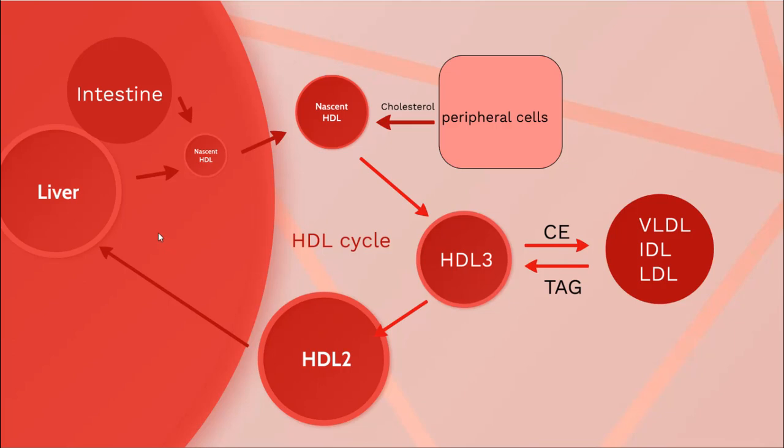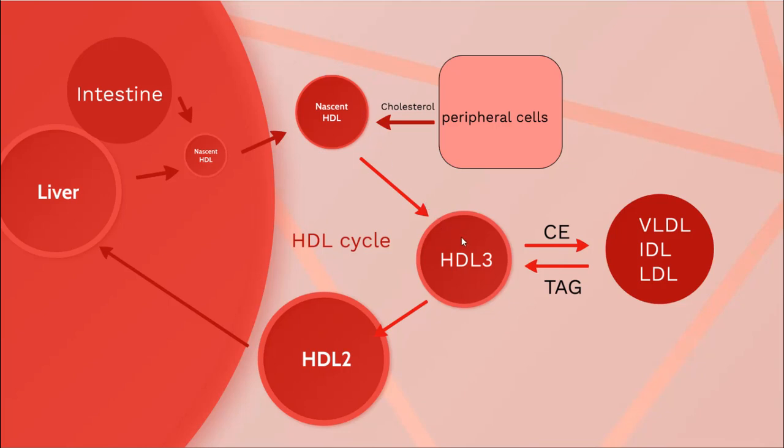Let's recapitulate the process. At first, nascent HDL is formed by the hepatic cells and intestinal cells and it's secreted into the circulation. HDL gets attached to the receptor on peripheral cells and takes up cholesterol from the cells.